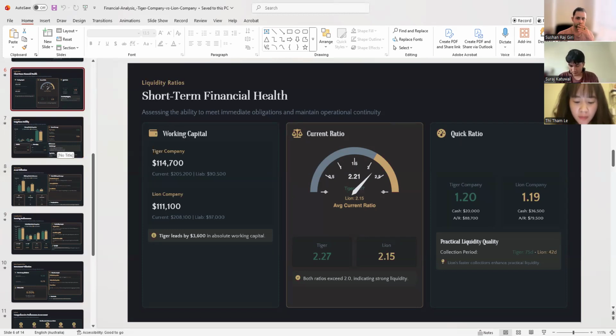In terms of liquid reserves, Lion holds more cash, enhancing short-term financial flexibility. Looking at capital structure, Lion has lower total liability at 41.33% compared to Tiger 48.02% and higher equity. This stronger equity position suggests greater financial resilience and lower long-term risk for Lion Company.